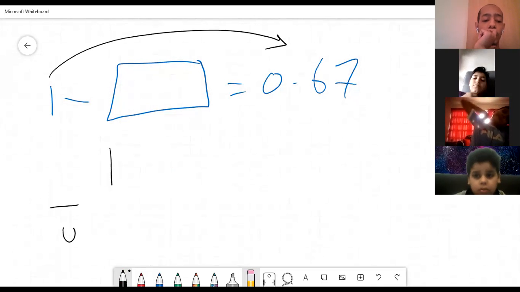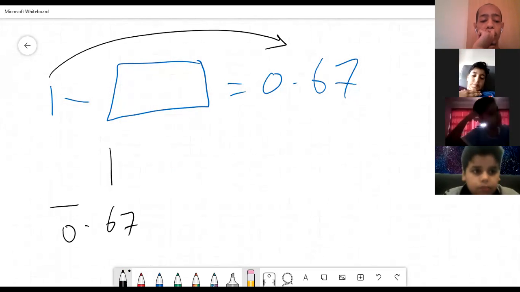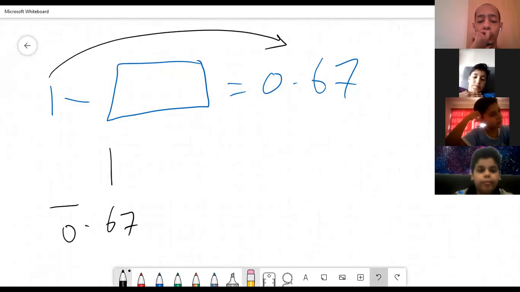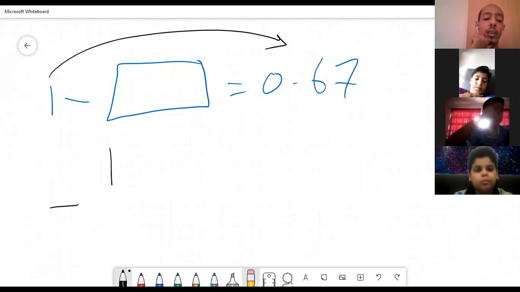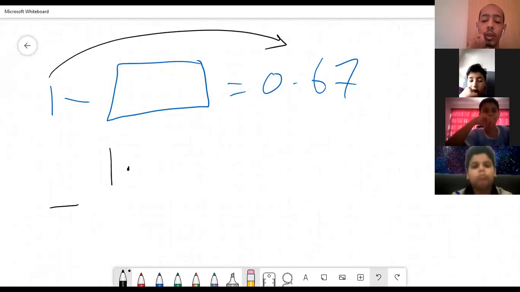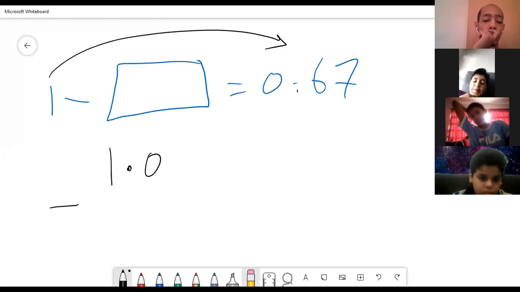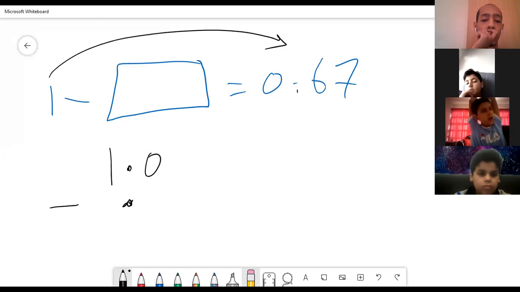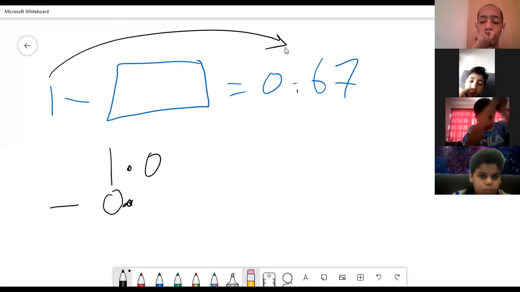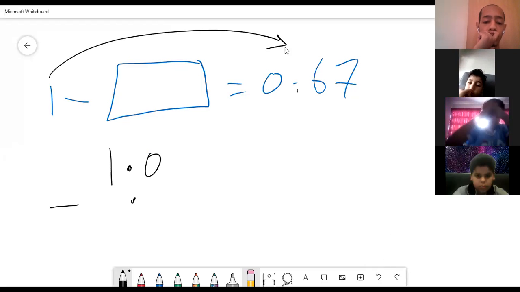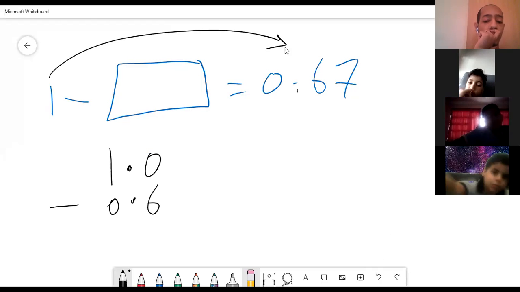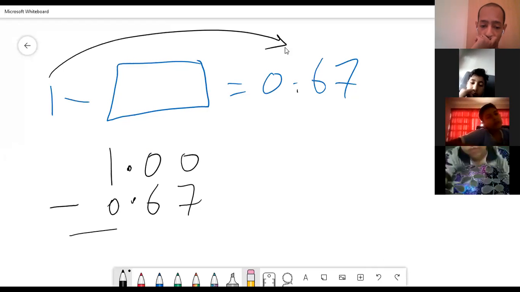1 minus 0.67. Is it going to be like this? No, 0 under the 1, because 1 has a decimal point here and 0 is here, right? The decimal point must be underneath the decimal point, and 0 is here, 6 is here, 7 is here, so 0 is here.